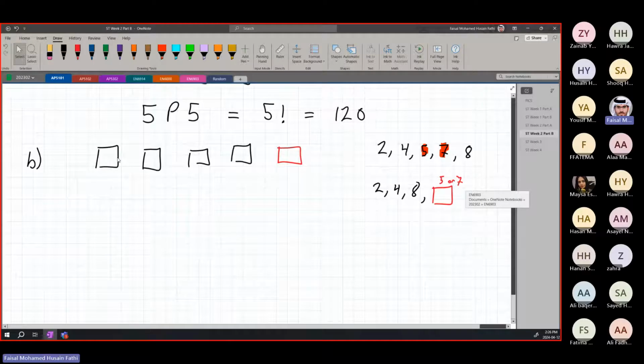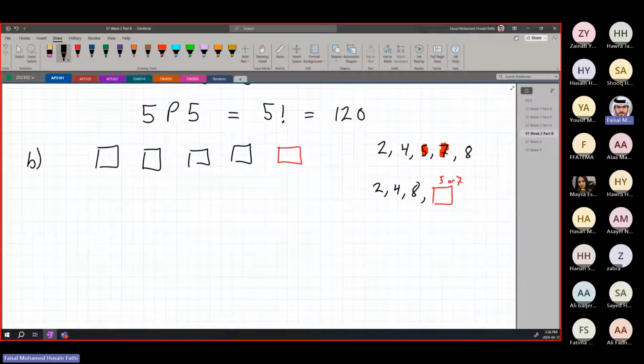So we cannot choose from all 5 to be in the first 4 boxes. In this case, we're going to have 4 to choose from. So n is equal to 4. We know order matters, so it's permutation. And how many boxes do we have? We have 4 boxes. So r is also equal to 4.